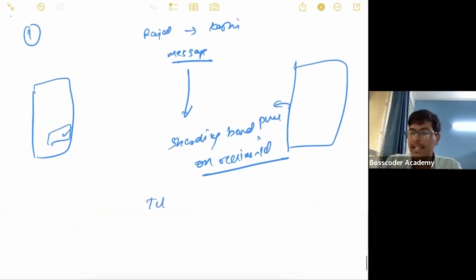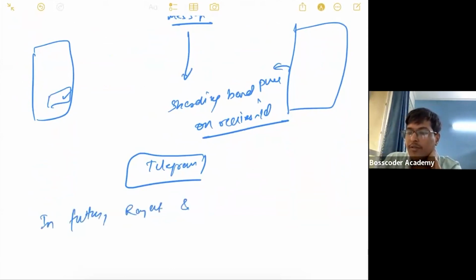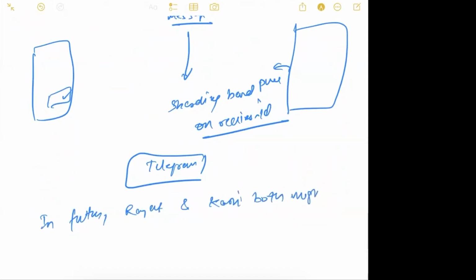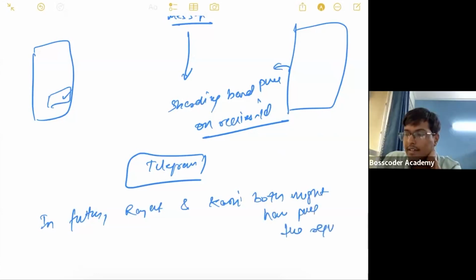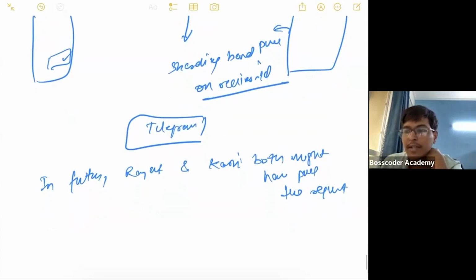Now say it was Telegram, then what will happen? In future, Rajat and Kashi both might have pulled the message, because you can view the message from a different mobile phone and everything, and both can pull the message.